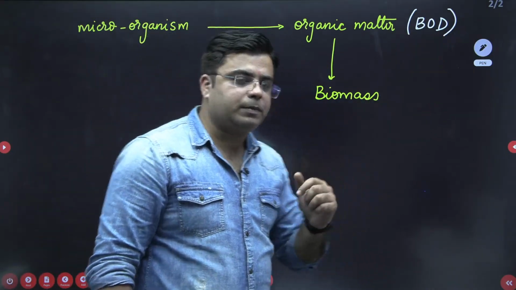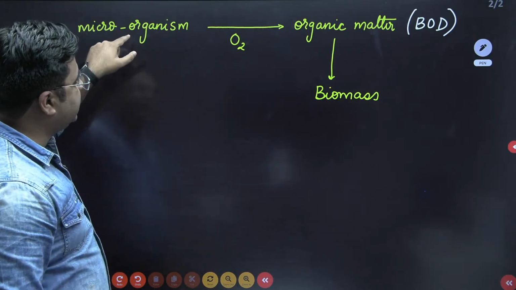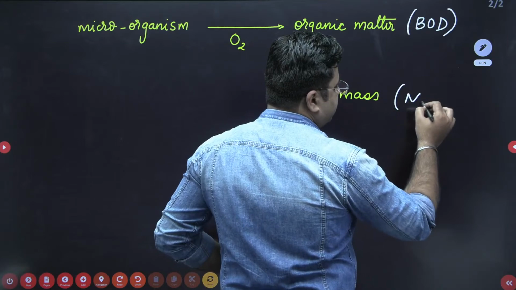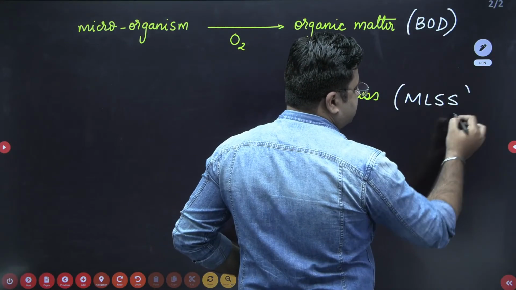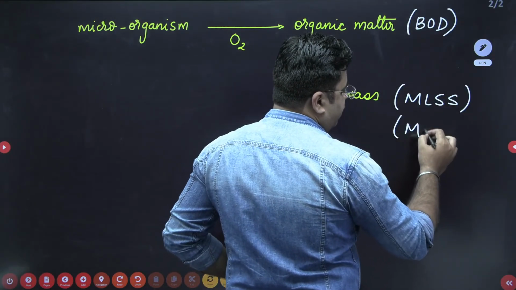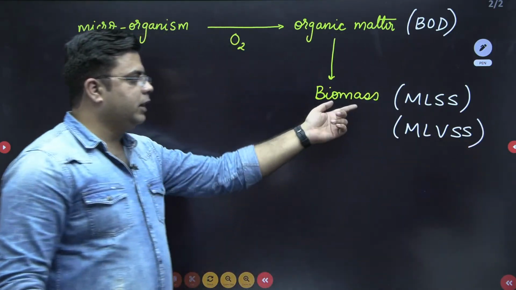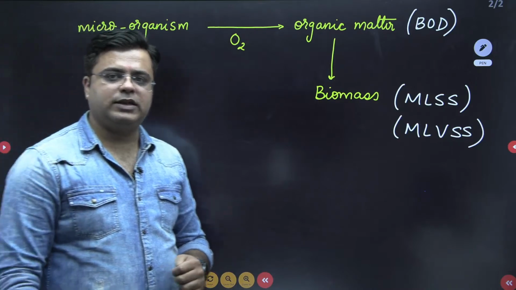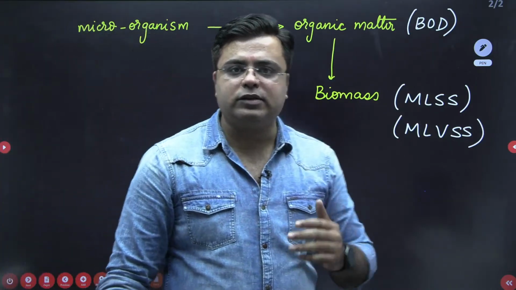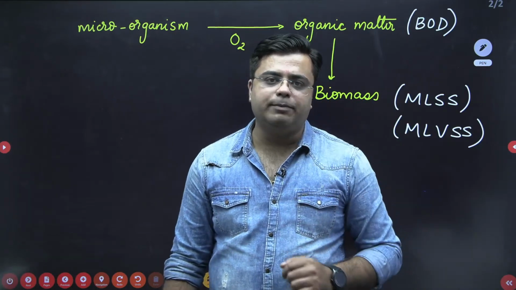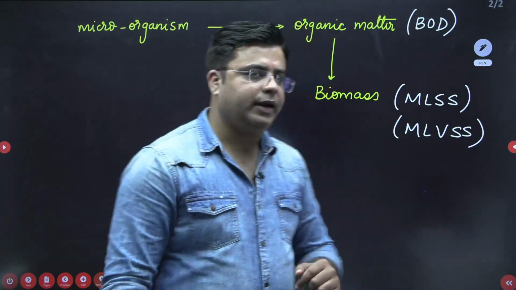In order to represent the microorganisms present in the wastewater, we represent it through MLSS concentration or MLVSS concentration. That is nothing but the amount of biomass present in the system. More the biomass, more the active microorganisms, more will be the decomposition of the organic matter, right?